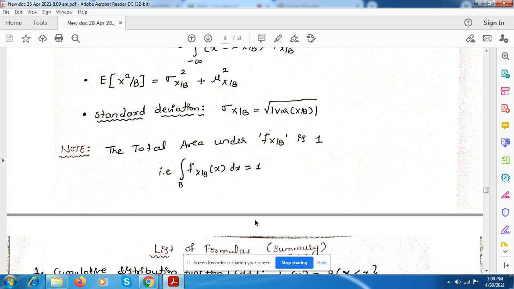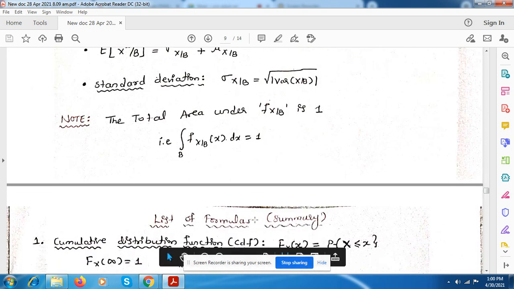Next we will see the list of formulas, whatever we have studied till now, in a single page. You can write all these formulas, so it will be very helpful for you to revise and remember also. After seeing this list of formulas, we will solve a few numericals, and also in this unit we have different special distributions included.